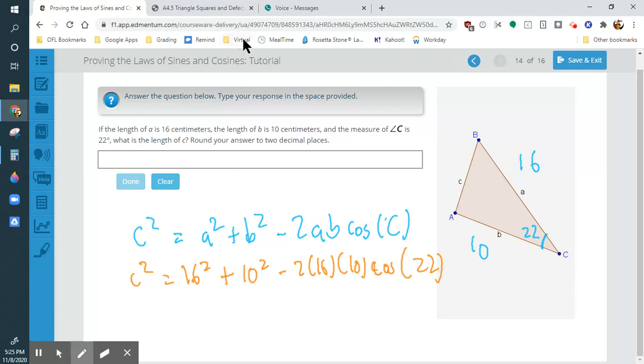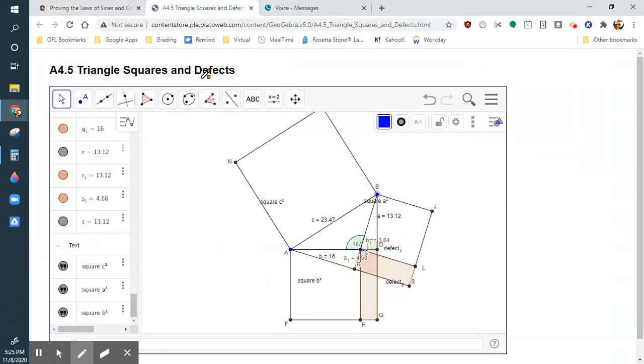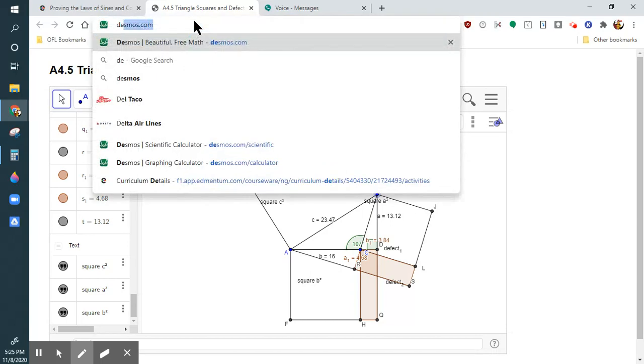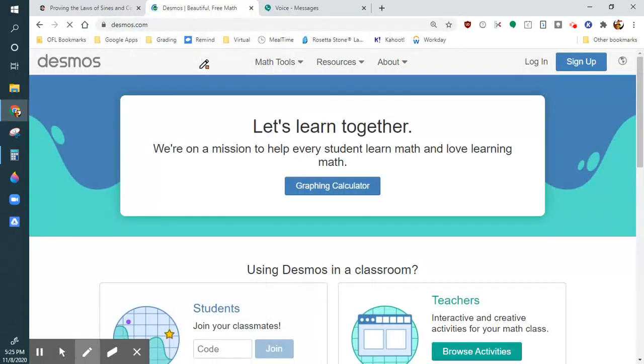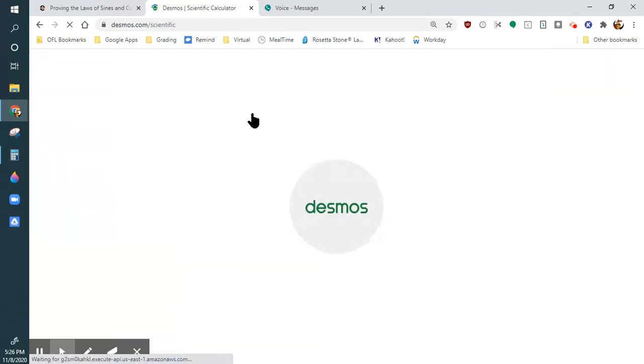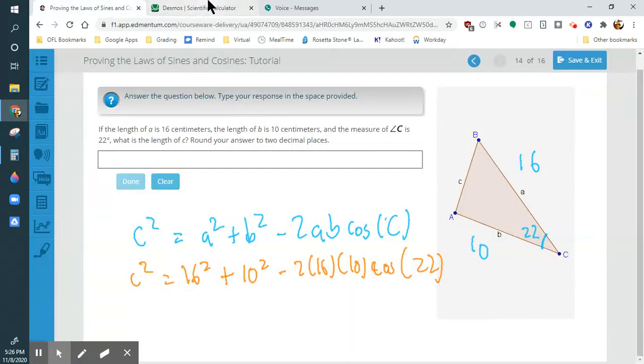Now I'm just going to open up Desmos, the Desmos scientific calculator. If you don't know how to find that, you go to desmos.com, go to Math Tools, and choose scientific calculator. You can actually just plug this whole thing in.